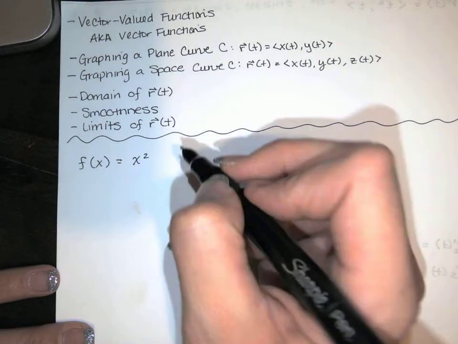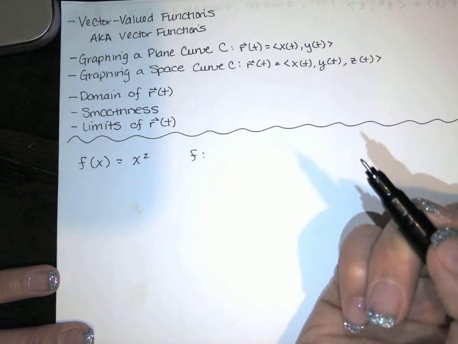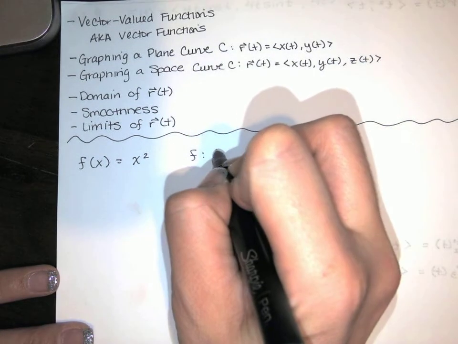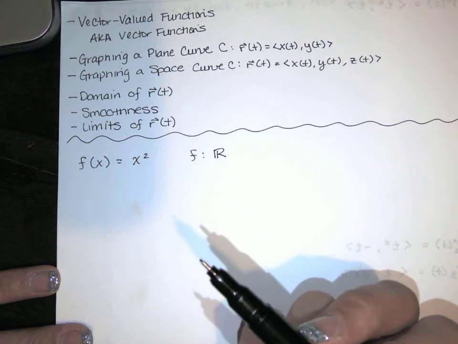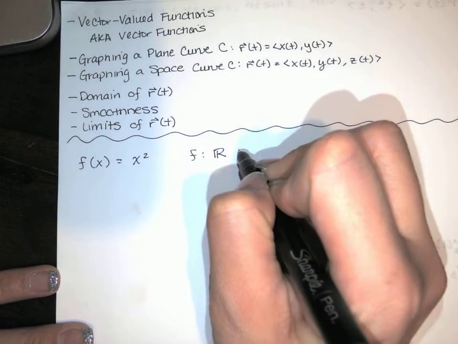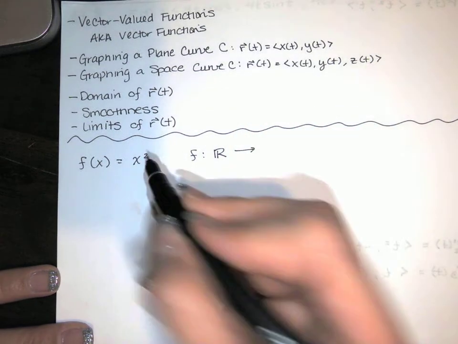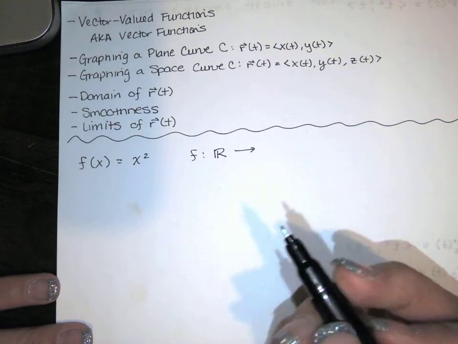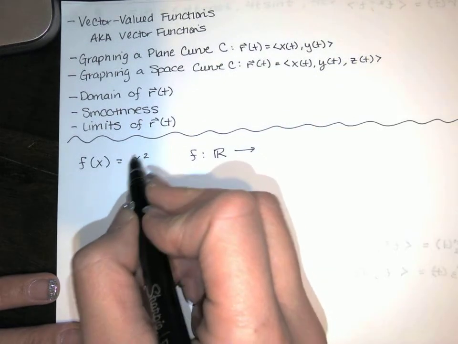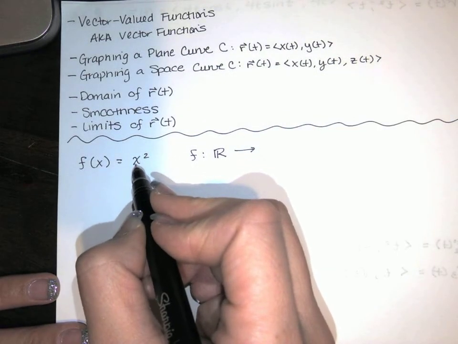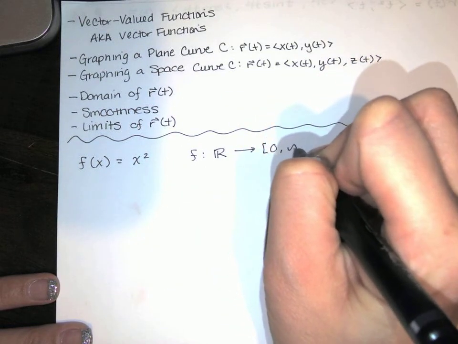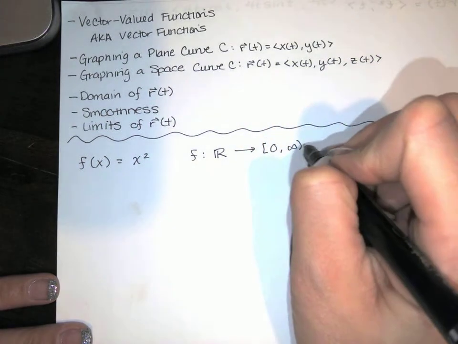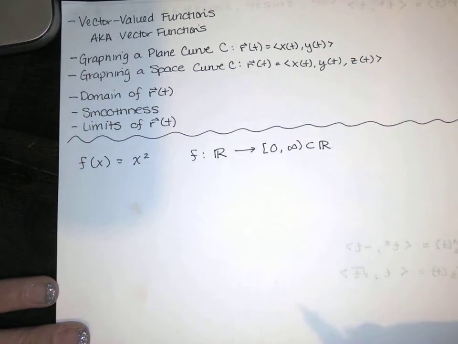What this function does is it takes a real number, and the domain is all real numbers here, and then it maps it to some subset of the real numbers. This x squared takes on values of 0 all the way to positive infinity, so it's mapping it to this interval from 0 to infinity, which is a subset of the real line.